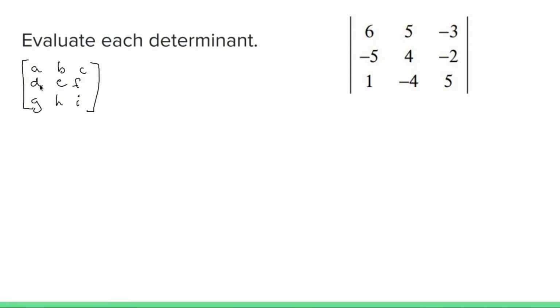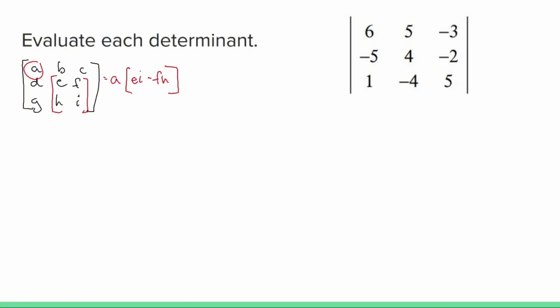And whatever column you are focusing on, you're going to focus on the 2 by 2 diagonal determinant. I know that sounds weird. Bear with me. The first part is going to be A times the determinant of that matrix right there. So A times EI minus FH.